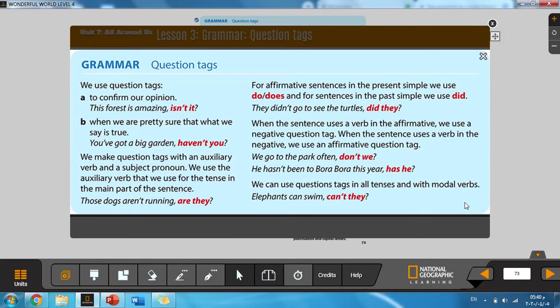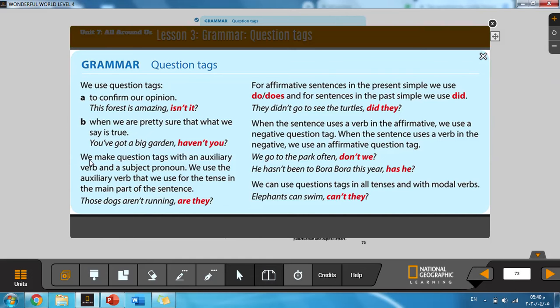I am sure he has a big garden, but I want to be sure or support my information. So again, question tags are questions we add at the end of the sentence to confirm our opinion, or when we are pretty sure about something. Okay, so these are the uses.